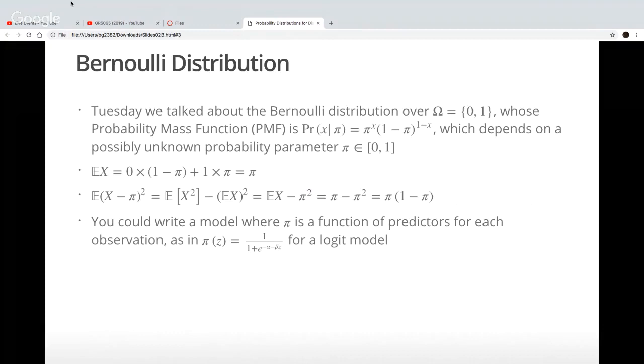If pi is a function of some predictor z, we could write an expression that maps alpha plus beta times z to the 0, 1 interval. So it's appropriate to interpret it as a probability. Then we can use this Bernoulli distribution for our observed outcome, whatever that may be, as long as our observed outcome can be classified as success or failure. So we'll be getting to that. But the Bernoulli distribution is very useful, and it's really the only distribution for this sample space. All right.